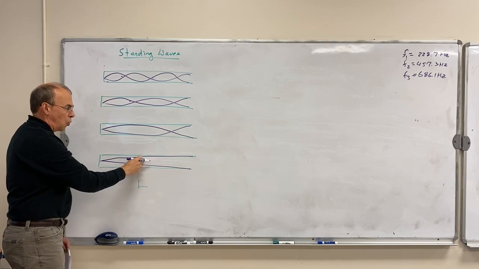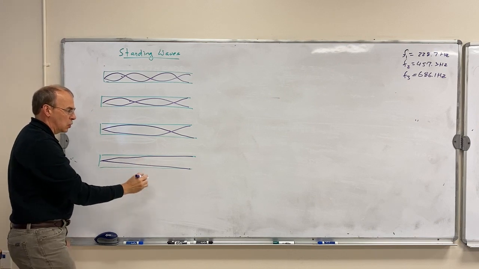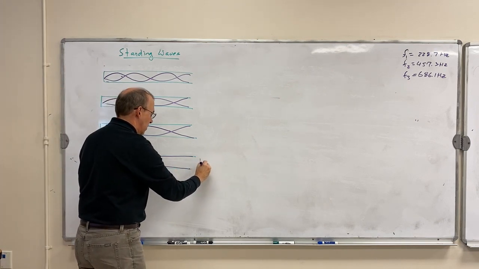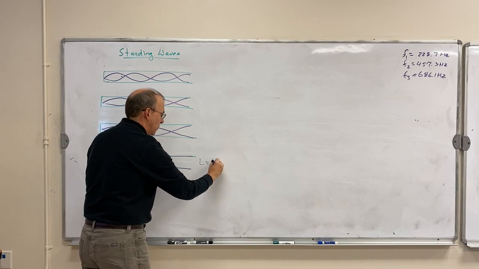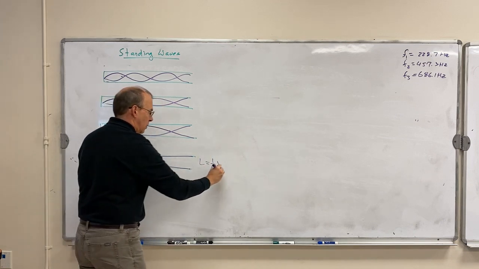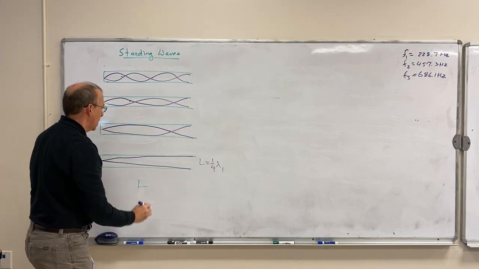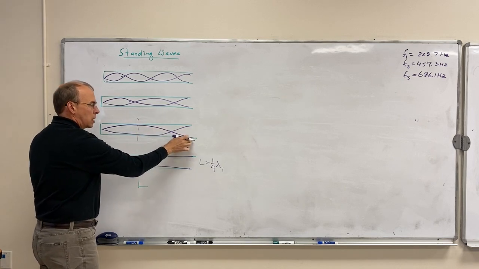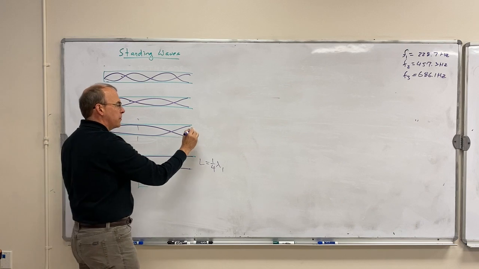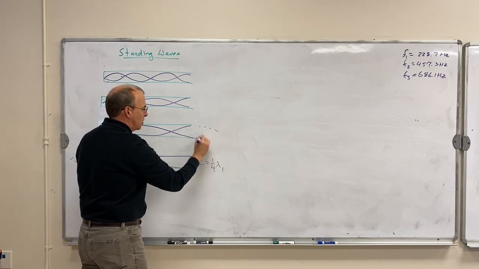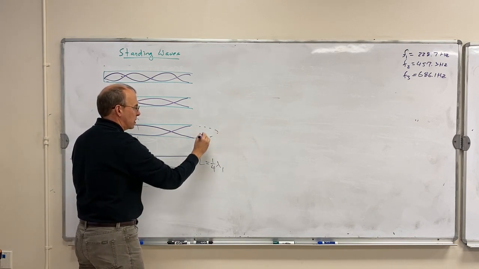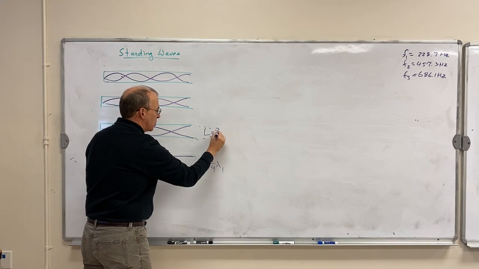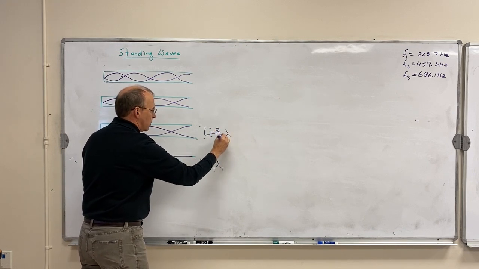This is now just a quarter of a wavelength. We've got half of a loop. It's just a quarter of a wavelength. So L is 1/4 of a wavelength. Call that lambda 1. Now here's a quarter, here's a quarter, here's a quarter. We've got 3/4 of a wavelength. We'd have to add one more quarter to get a whole wavelength. So L is 3/4 of a wavelength.